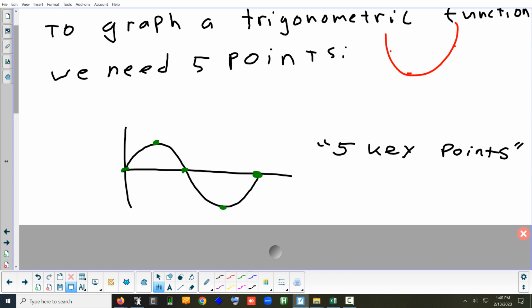If you graph those 5 points, you'll get a pretty good sketch of your function. That's what I mean when I talk about the 5 points.